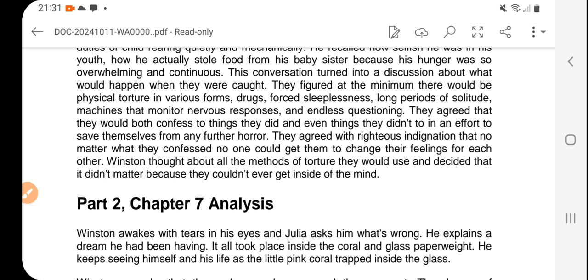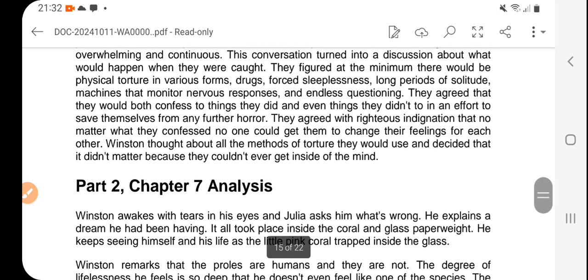This conversation turned into a discussion about what would happen when they were caught. He's sharing his dreams and childhood days with Julia, and all of a sudden they changed the topic and thought about what would happen if they were caught.